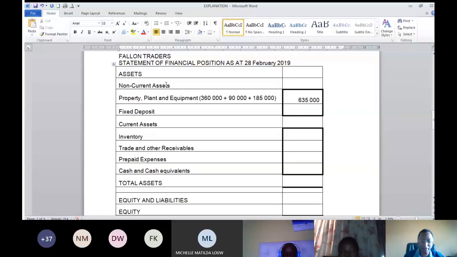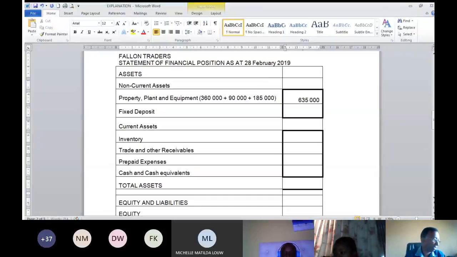Also, under my non-current assets, I have got a fixed deposit, and the fixed deposit here, guys, amounted to 60,000 Rand.